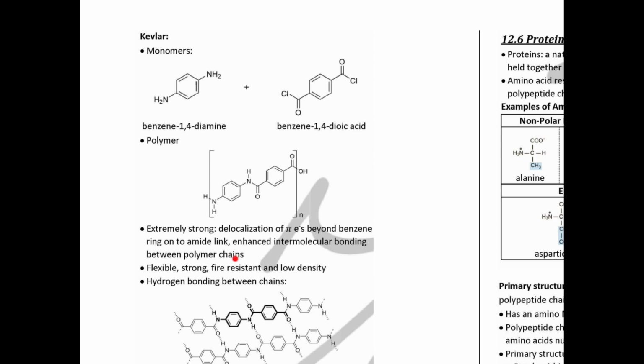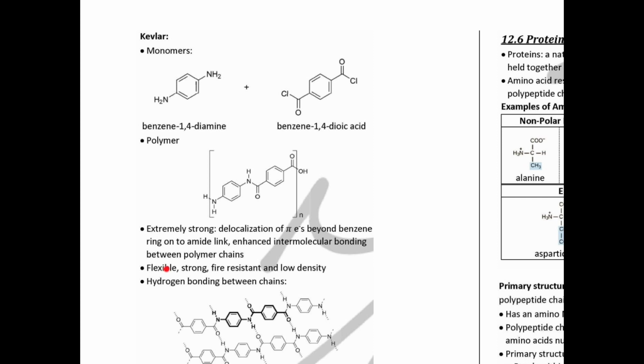Because of the delocalization of pi electrons, it becomes so strong. So that's how you see the small little electron can make the polymer so strong, because the electron can move everywhere and make the intermolecular bonding stronger.